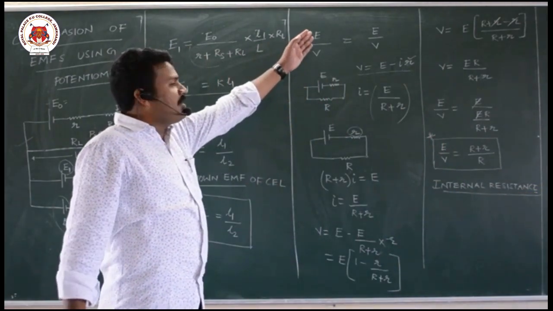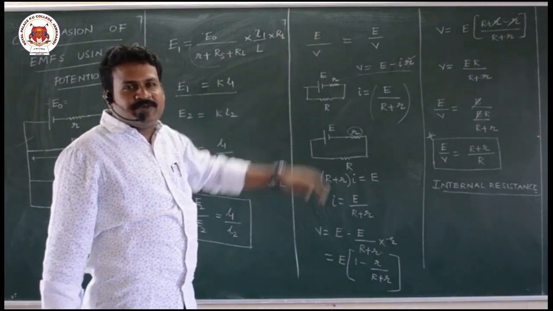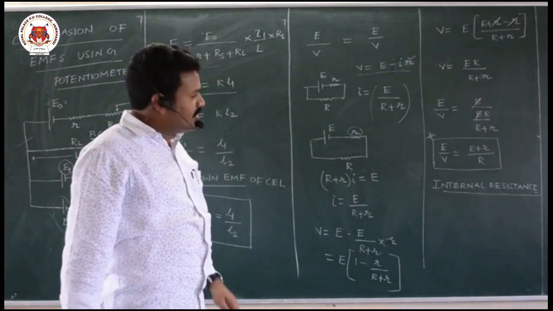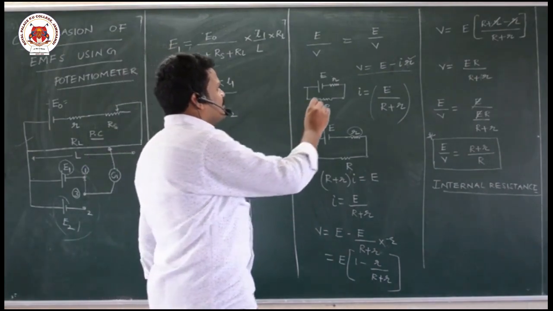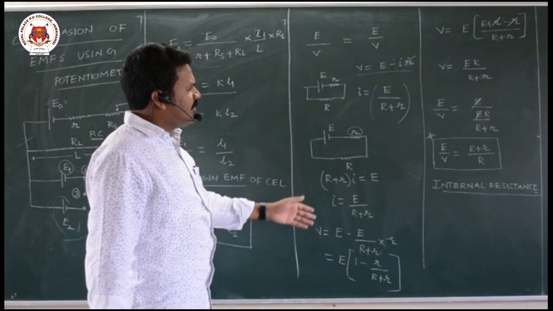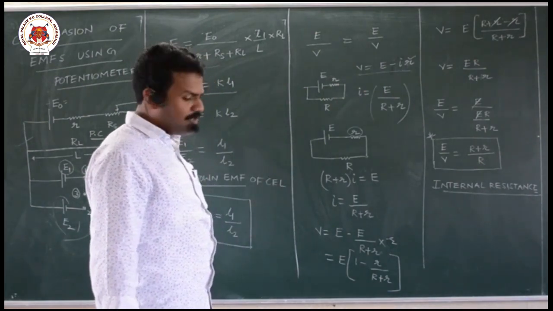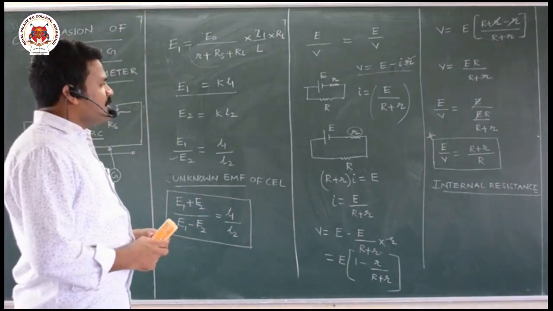First time I will take only one cell without drawing current from the cell. Second time I will draw the current. Then the potential difference is equal to E minus Ir. Based on that we can calculate the internal resistance. Okay, next we will see the calculation of internal resistance by using a potentiometer.